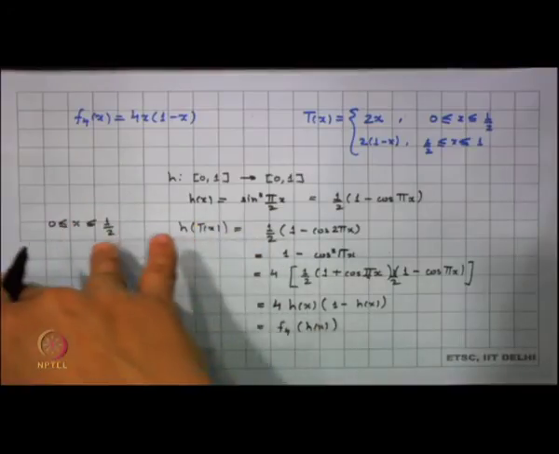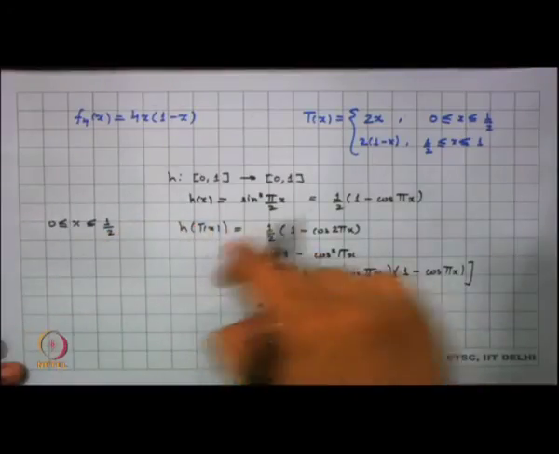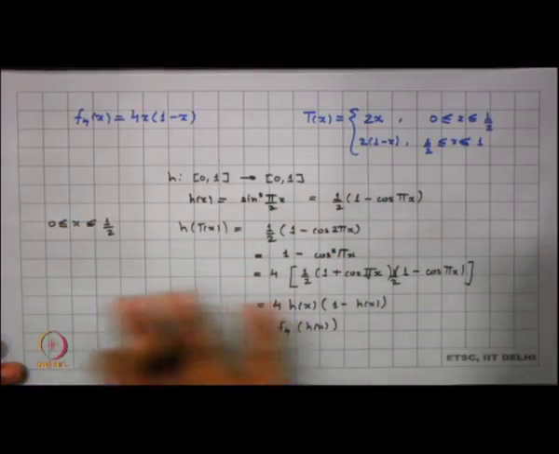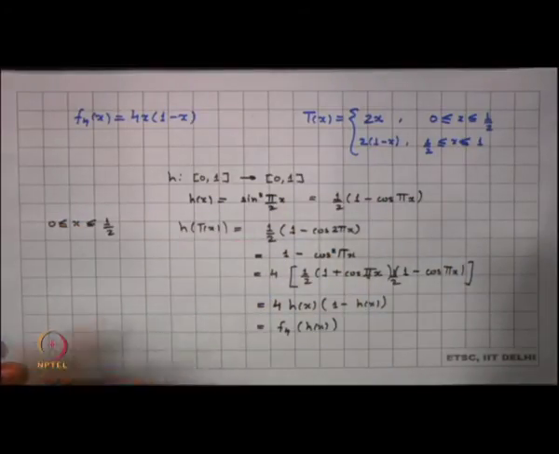Similarly, one can calculate what happens between half and 1. My Tx changes here, but again we can have the same calculation and say that here my h of Tx happens to be f4 of h of x.